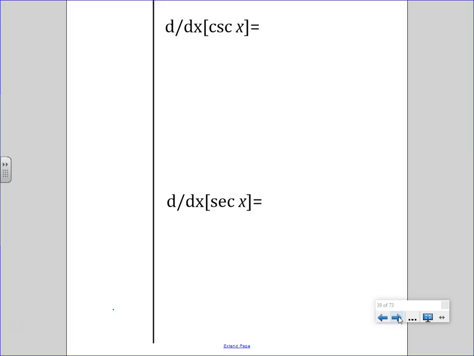How do we do this one? Cosecant is 1 over sine. It's a quotient. The only proper way at this point, from what we know, to solve this derivative is the quotient rule. Let's do this one together, okay?